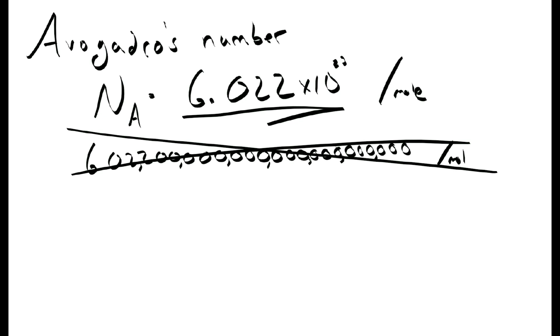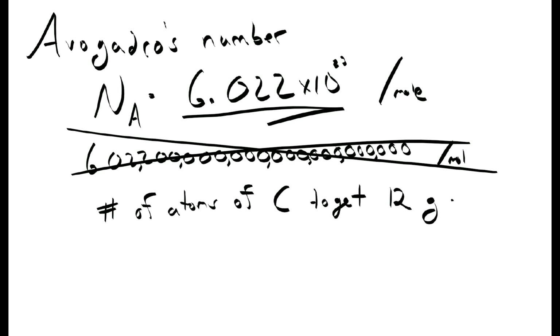But what this is based on is the number of atoms of carbon to get 12 grams of carbon. Because, by definition, carbon-12 is 12 atomic mass units.